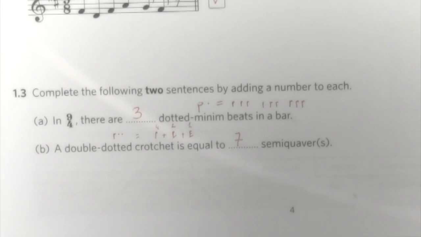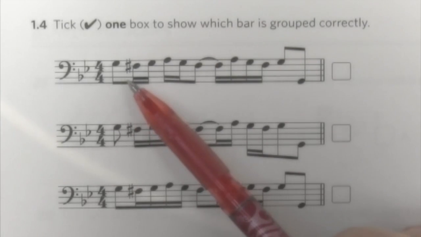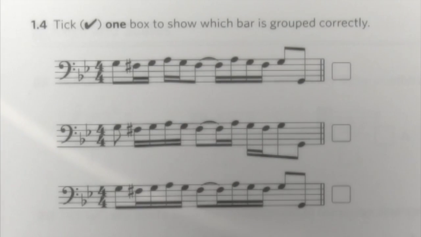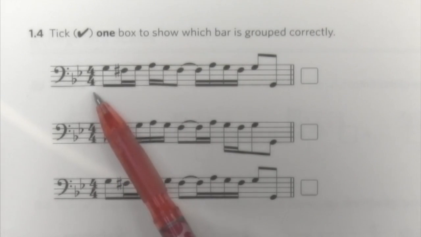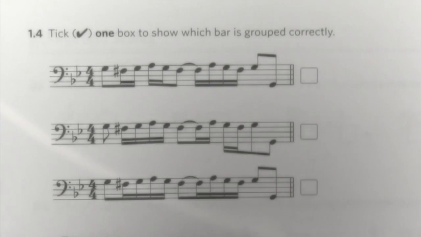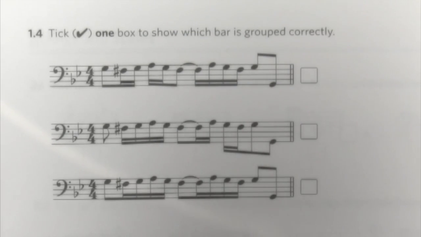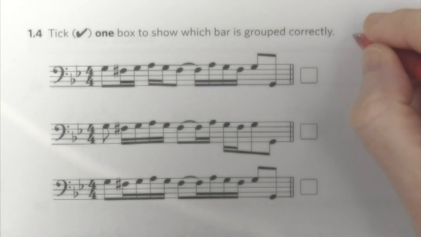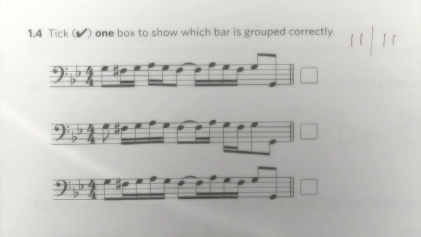Thank you. Question 4. In question 4, we need to tick the box that shows the bar grouped correctly. Now, grouping is important, guys, and as a first thing, we need to look at the time signature. It's 4/4, which means 4 crotchets divided in 2 groups of 2. So 1 and 2 and 3 and 4, and we need to have 1, 2 on a side, 1, 2 on the other side.